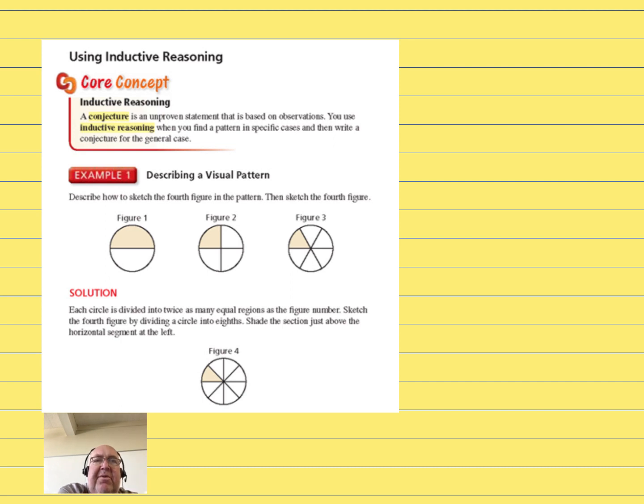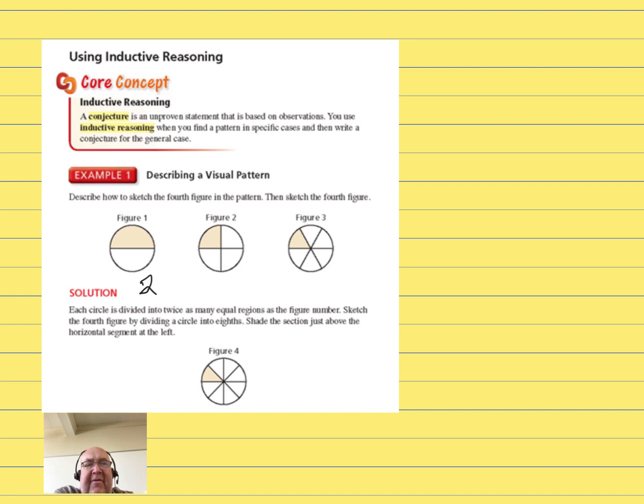Section 2.2 gets into using inductive and deductive reasoning. So inductive reasoning just looks for a pattern, something happening. It doesn't involve any rules or anything like that. So if you look at the visual pattern of this, you notice that the first figure is divided into two parts.